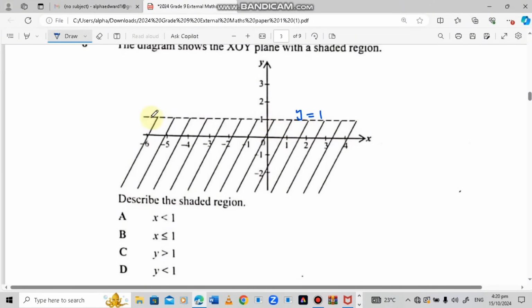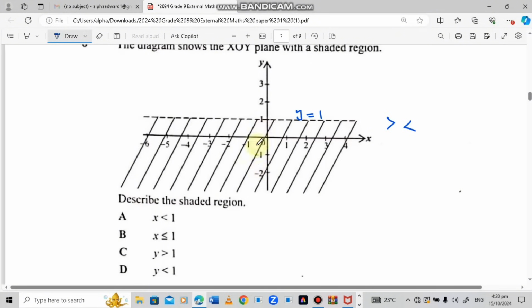And then when you look at the nature of this line, it is a dotted line. Because it's a dotted line, it means that our inequality will either have a greater than or a less than symbol. You can see that as you are going up, the values of y are increasing. But as you are going down, the y values are decreasing.